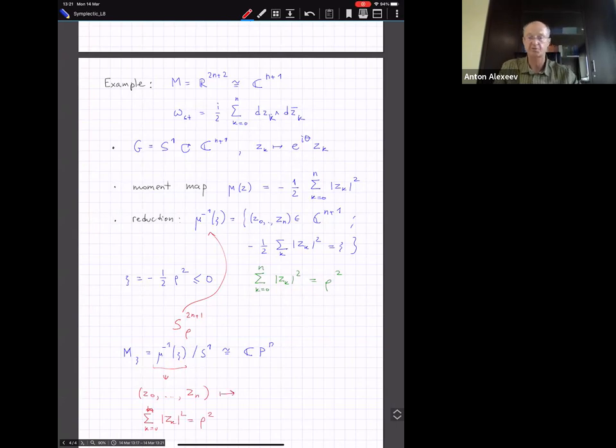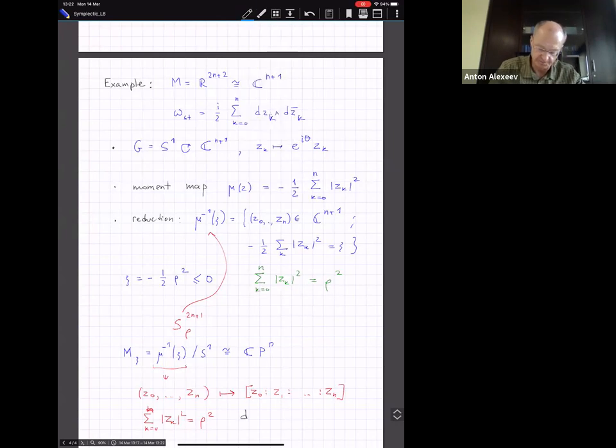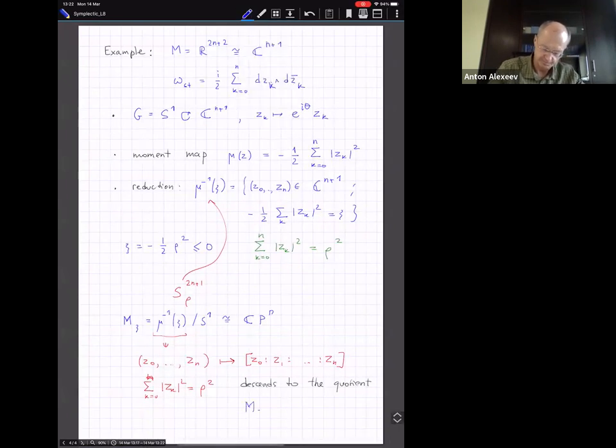And the map to CP^n, the identification with CP^n, you're simply mapping it to the point of CP^n which is defined by the same coordinates. And this map descends to the quotient, because the quotient is by the diagonal action of S1. So this map descends to the quotient xi.